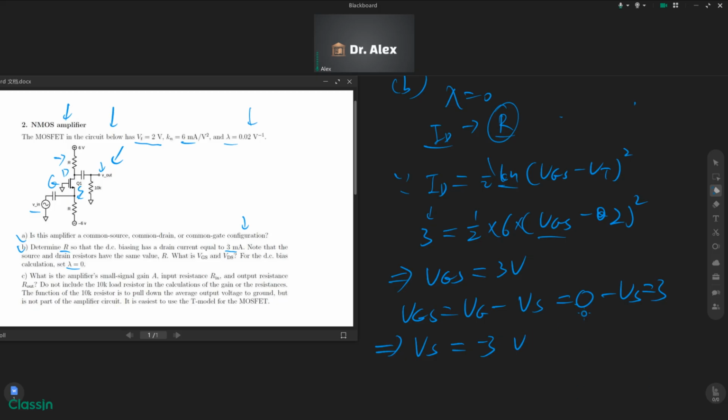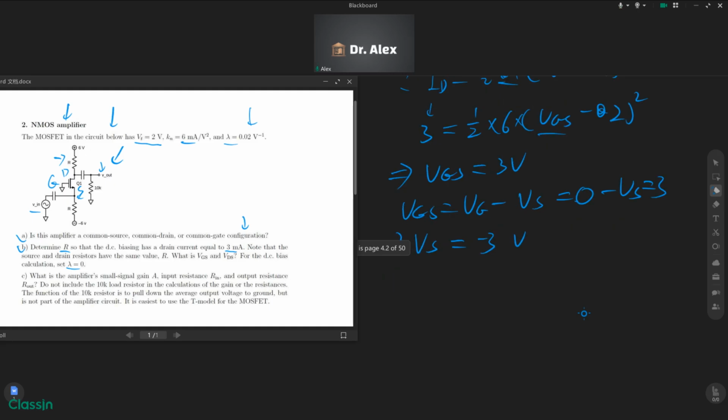So next is quite straightforward. VS is at the top side of the resistor, and the potential at the other side is -6. So we can directly get the equation.